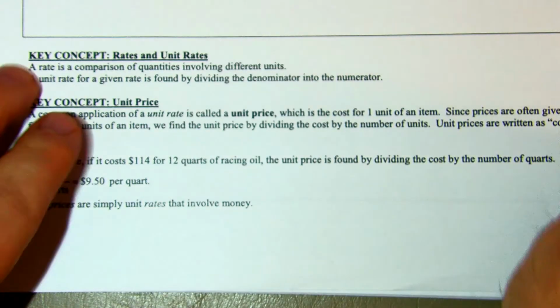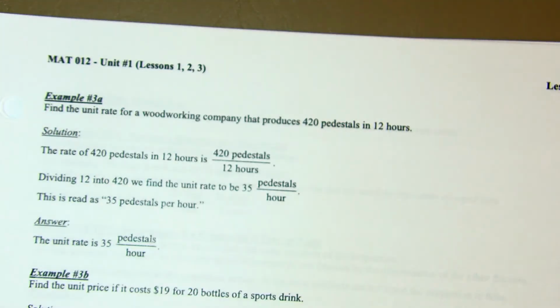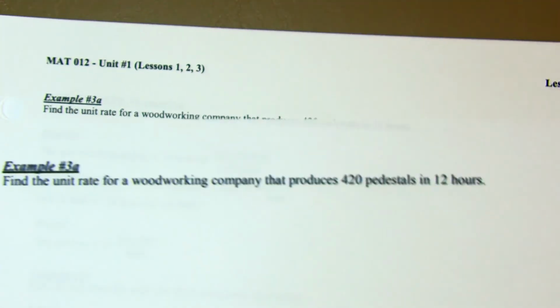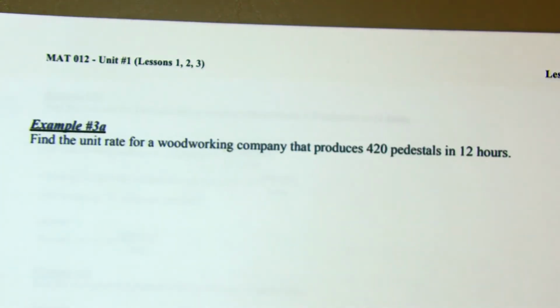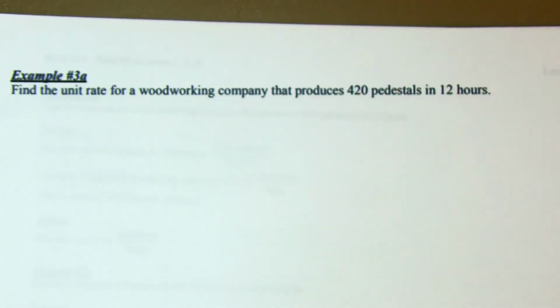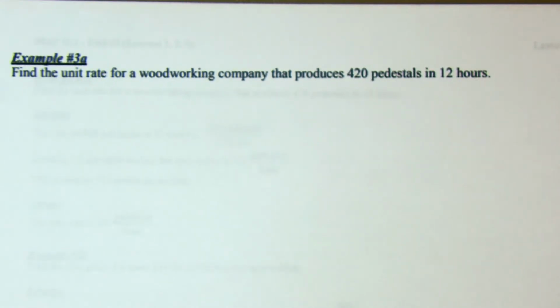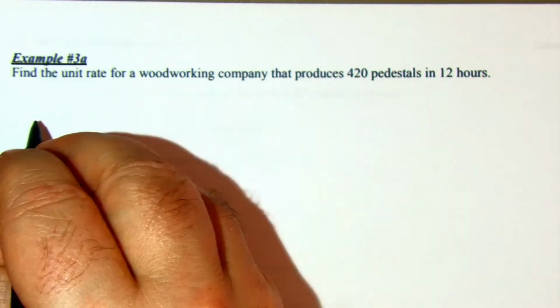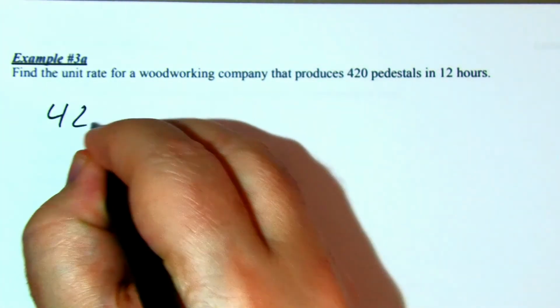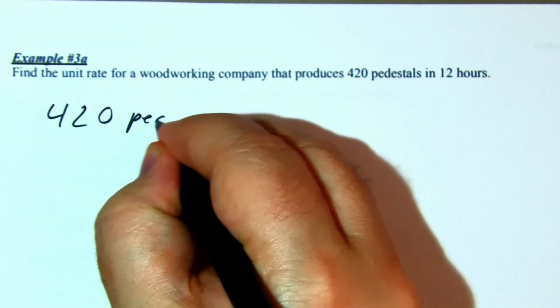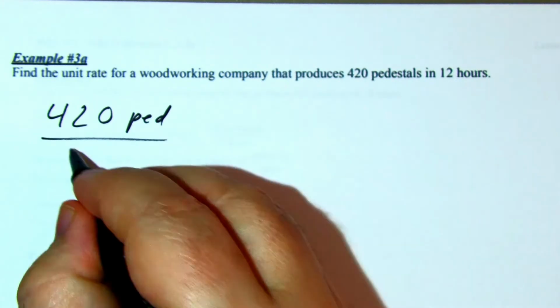Let's take a look at another example of that one. On this page, we have example 3A. So we have this woodworking company, and they produce 420 pedestals in 12 hours. So to get it started, we write the ratio, 420 pedestals over 12 hours.